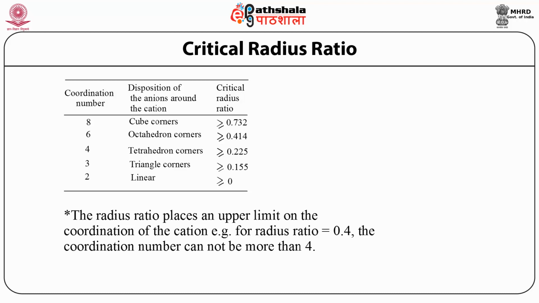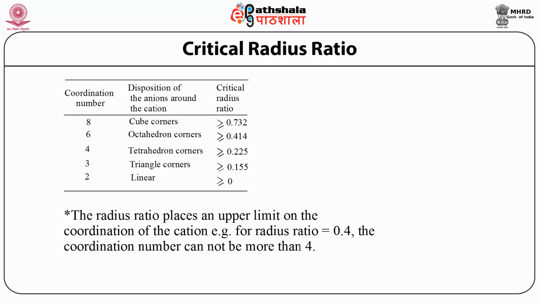So the radius ratio places an upper limit on the coordination number of the cation. Thus, for a radius ratio of 0.4, the coordination number cannot be more than 4, as you can see from this table. It is possible to have a smaller coordination number than this upper limit, but the energy of the resulting configuration will be higher.